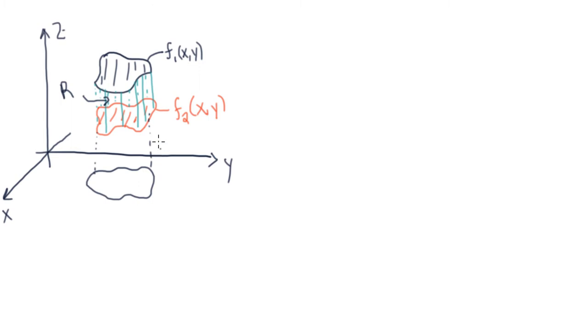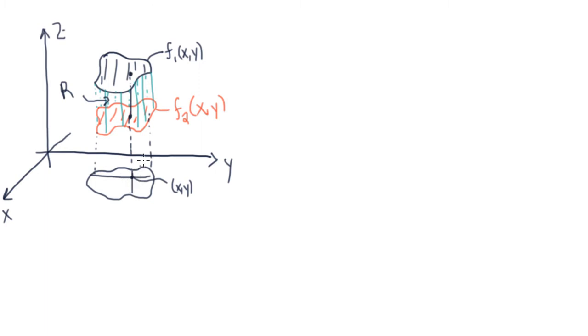But somehow z, for any fixed x and y in this region, so if I fix a point x and y, then z is going to go from f2 of x, y up to f1 of x, y. So z is varying between these two functions for any x, y. And then our x and y is varying over this region here.